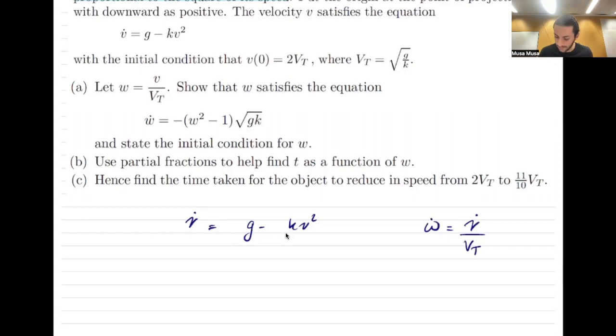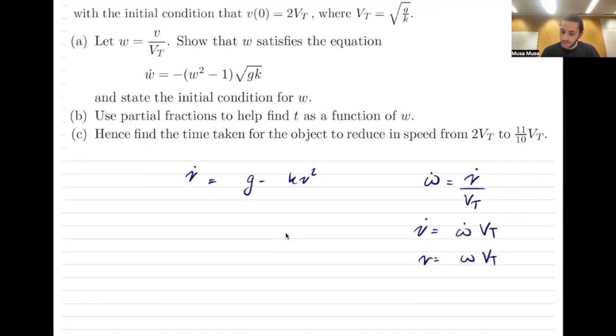Or maybe if I'm being a bit smarter, actually, let's say that means v dot equals w dot times vt, and that means v equals w times vt. And I think we should replace everything that we have there with this. So now we have part a. Bro, this is such a sack question.